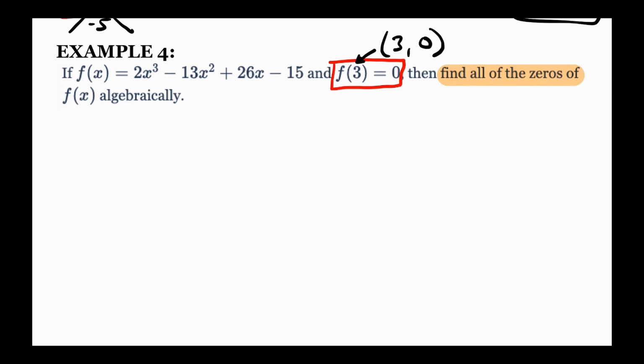What's another word for x-intercept? A root. What's another word for a root? That's going to help me today. 0, right? So what number goes in there? What number goes inside the house? There we go.